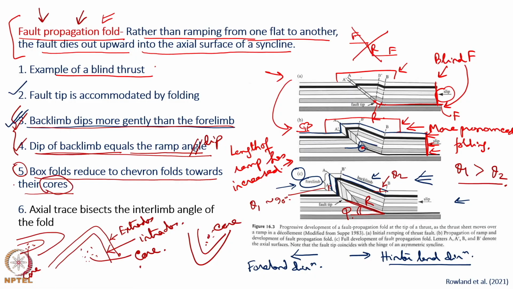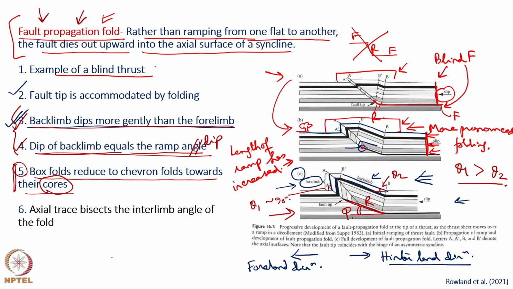Now, let us try to understand the statement that box folds reduce to chevron folds towards their core in this diagram. Let us track this fold. Here I am getting two hinge points marked by circles, whereas if I go towards the core of the fold, where is the core? This is the core of the fold. I find that here the fold has a single hinge point.